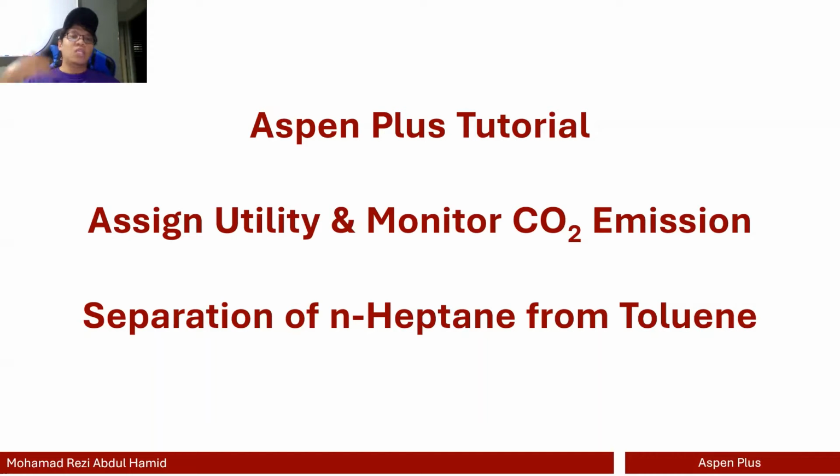When you choose your own utility, you will see that there is a carbon tracking option, and that is the place where you will input the relevant information associated with carbon dioxide emission or carbon dioxide release, especially when you are using a utility for your plant.